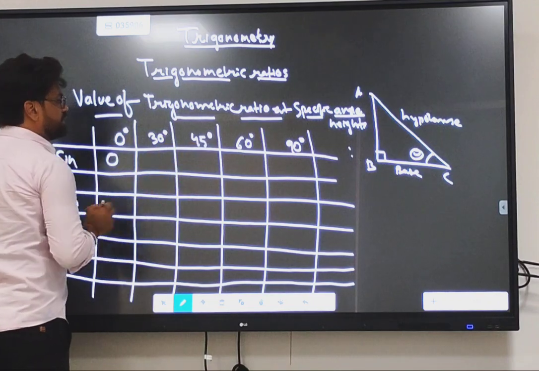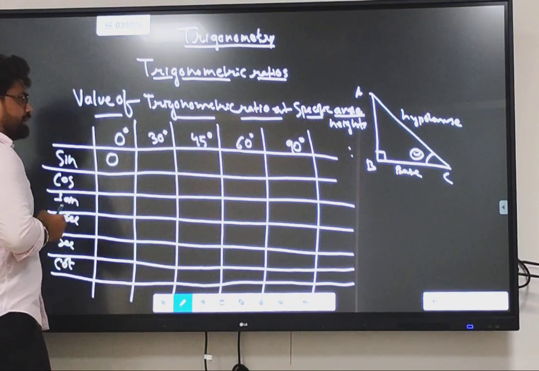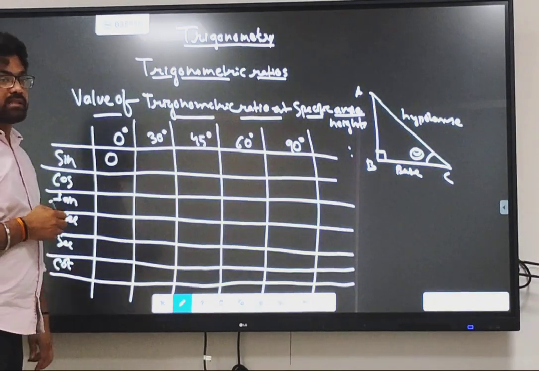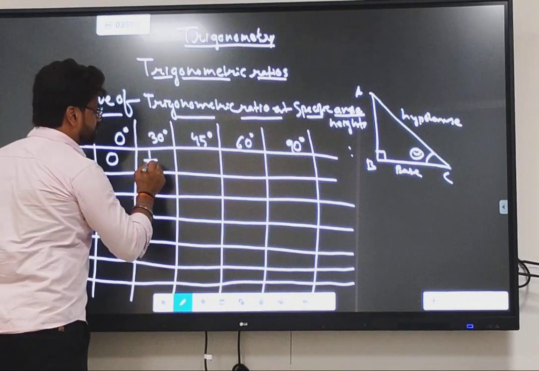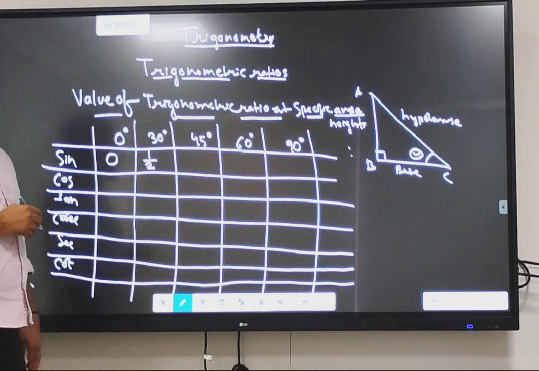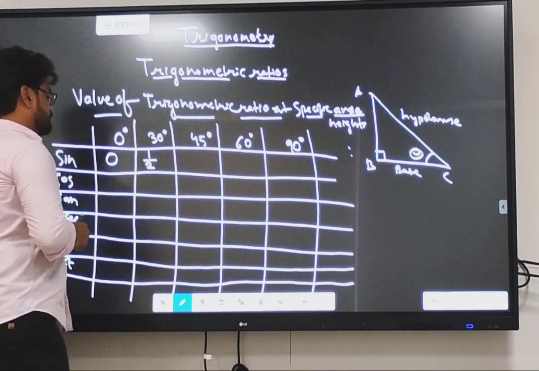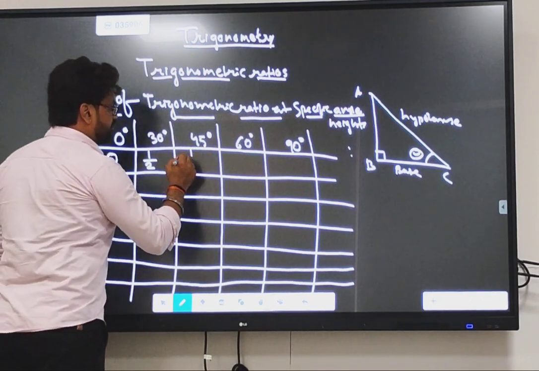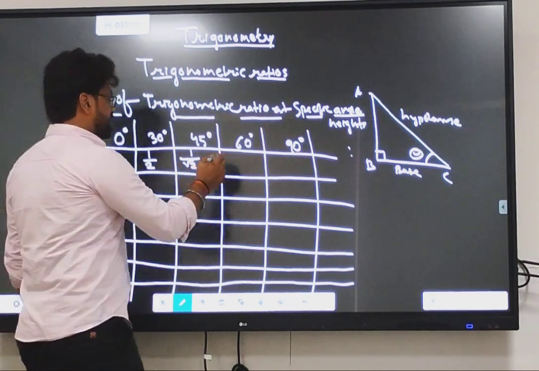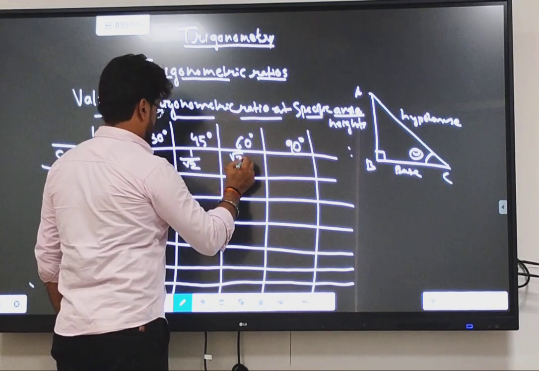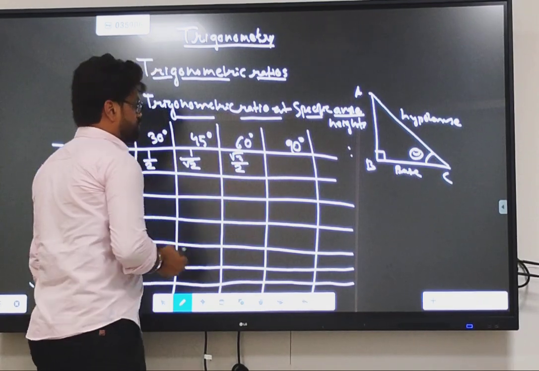And then we have sine 30. Sine 30 is equal to 1 by 2. And then sine 45 is 1 by root 2. Sine 60 is root 3 by 2.